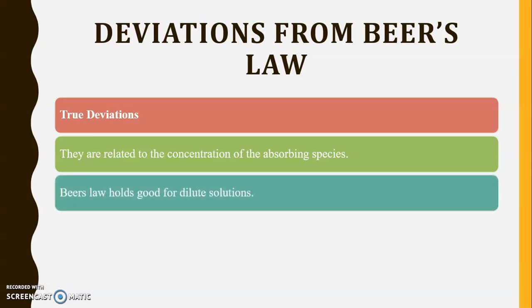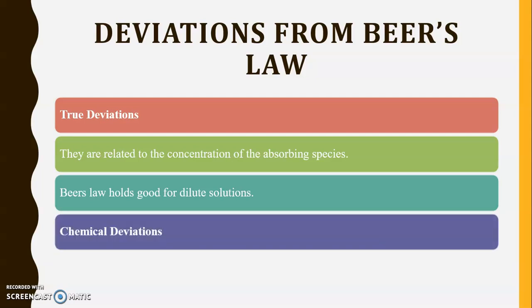Further, Beer's law holds good for dilute solutions. If we use solutions with high concentration, certainly there will be deviations, either positive or negative. These are known as the true deviations.